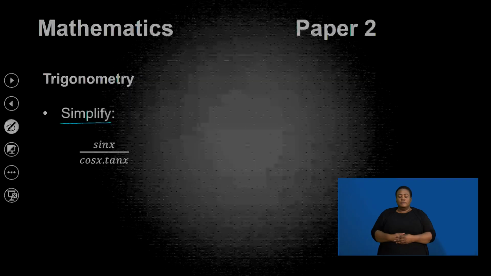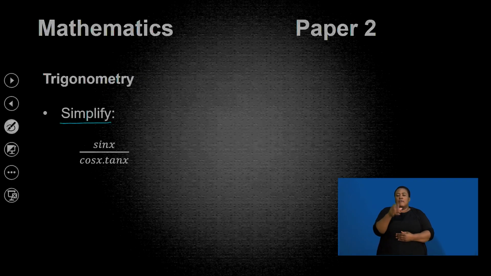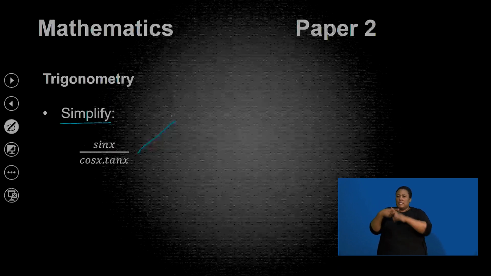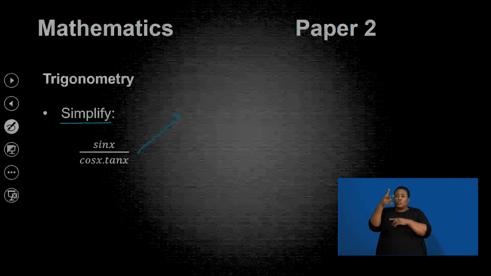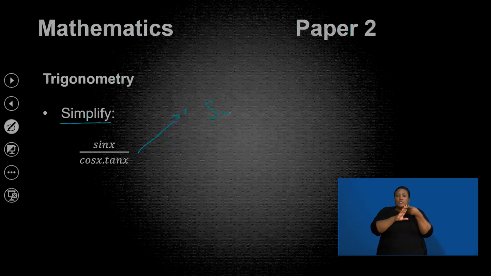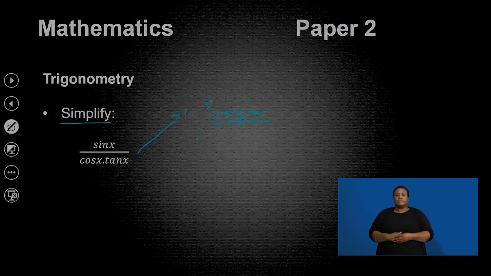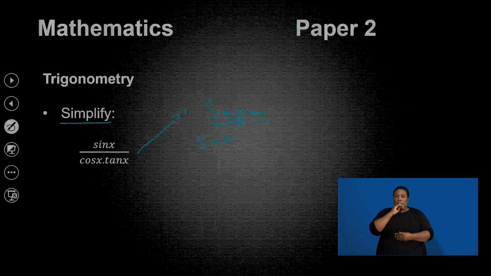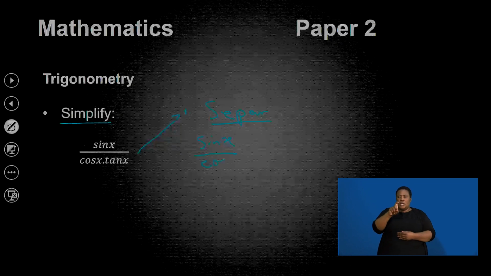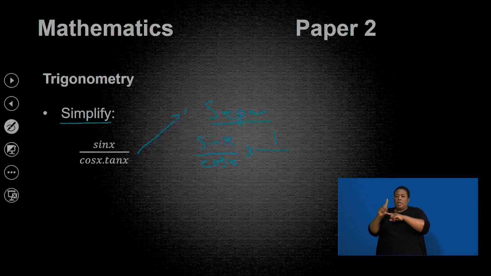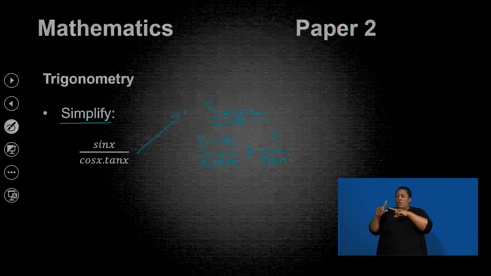So here I'm giving sine x over cos x multiplied by tan x. There's going to be two ways of doing this. The very first way will be if you separate the two. So I have sine of x over cos of x multiplied by 1 over tan of x.